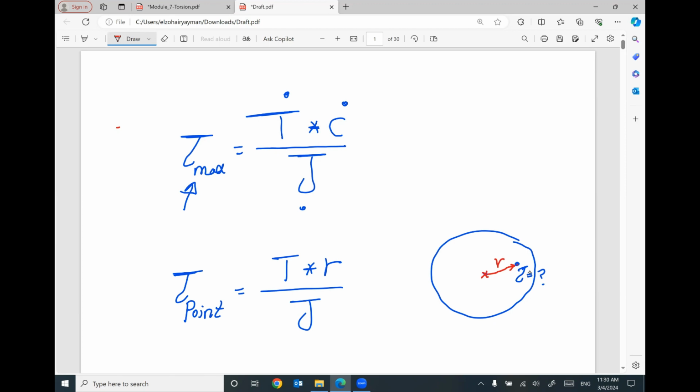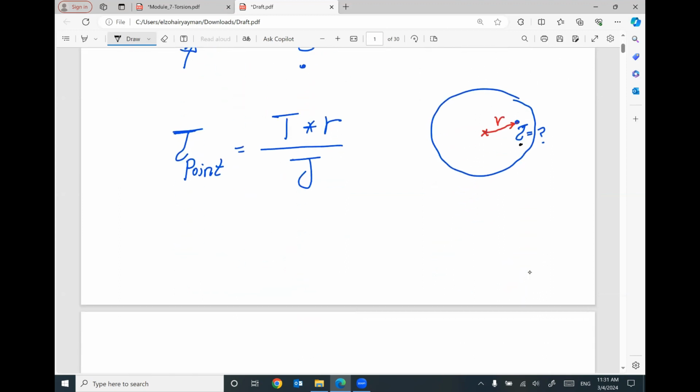That makes sense? But in the first one, your cross section is here and your center is here, so the maximum shear stress will be located at the outer circumference. So at this one, we will have tau maximum. But in this one, we will have only tau, which is not maximum.